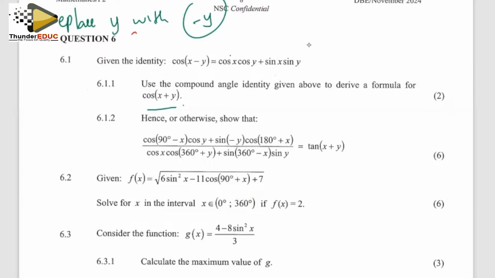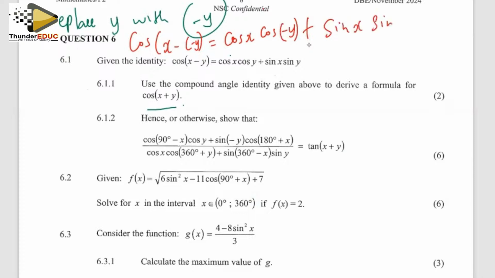So that then I'm going to have cos of x minus negative y is equal to the cos of x and then the cos of negative y, plus I have the sine of x and then the sine of negative y. I know that negative and negative will give me the positive, so I'll end up with the cos of x plus y is equal to cos x.